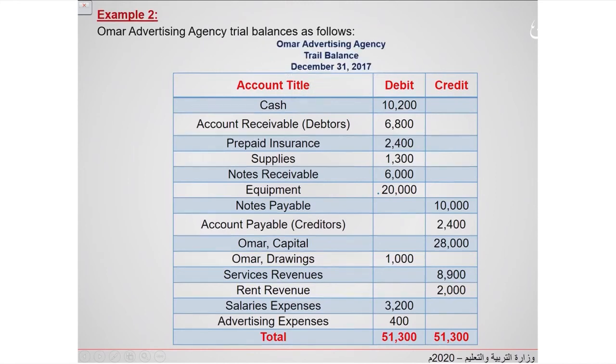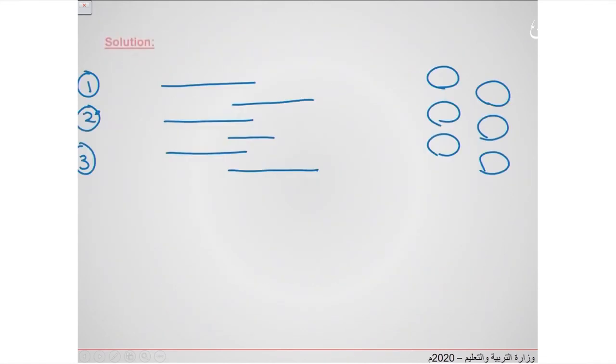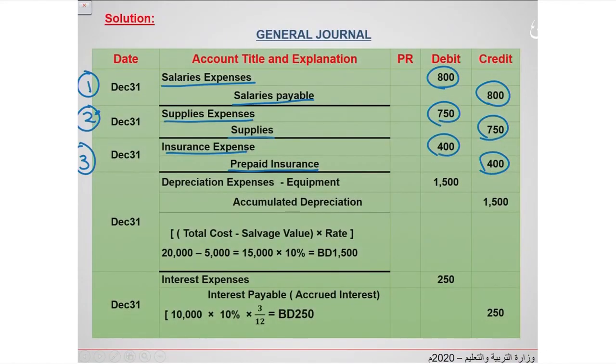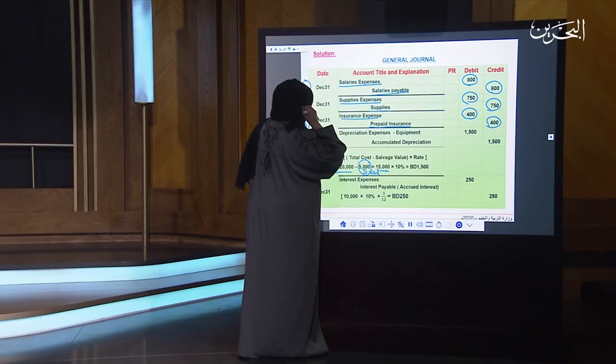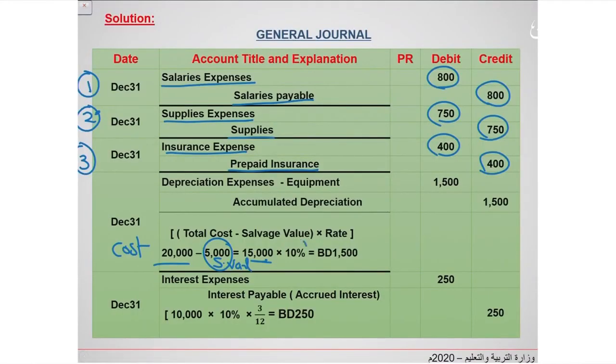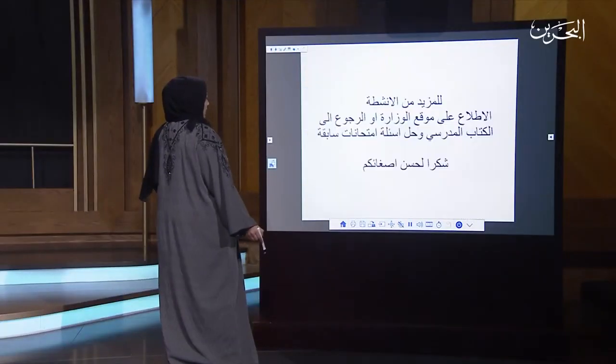So 20,000, the cost, minus 5,000, the salvage value, we'll get 15,000. As mentioned in the question, there is a percentage of 10%. So 15,000 multiplied by 10% will get 1,500. So 1,500 in debit side and credit side 1,500.